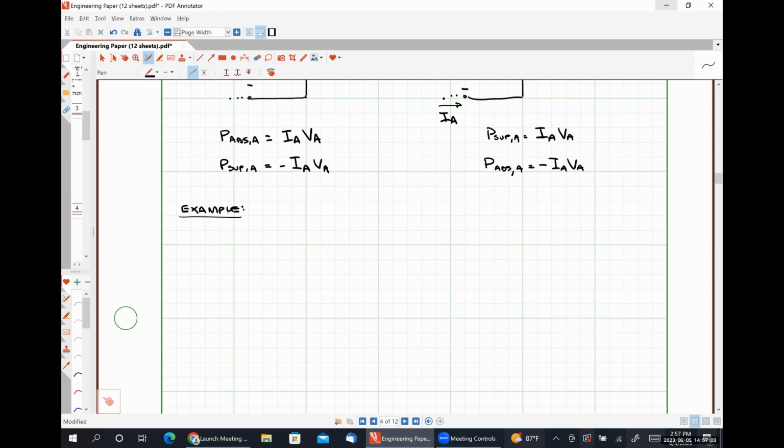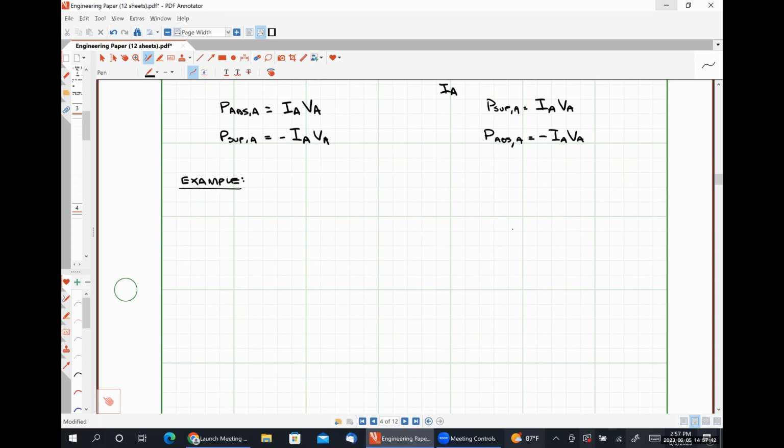I'm going to draw a circuit. I'm actually going to pull an old circuit from an exam that I've given in this class before. Just one moment here. So this will be our circuit of interest.